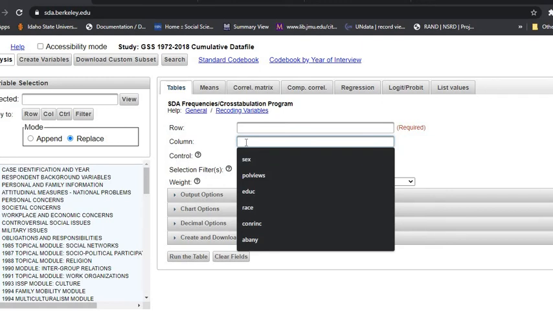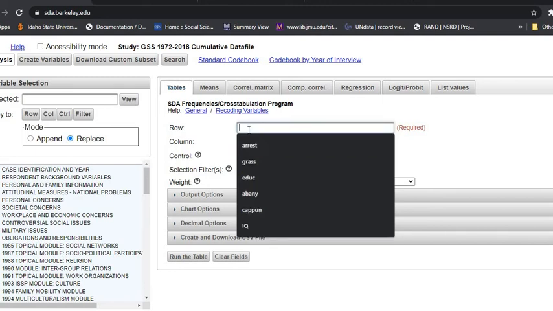And by demographic variables, I mean people's background, their sex, their gender, their race, what their religion is, what their degree is, how far they've gone in school, what their marital status is, some of those sorts of things. And you pair that up with an attitude question, like legalization of marijuana, abortion, capital punishment, or something else that you find. It's good to find an attitude one for the row field, or a behavior one, like getting arrested.